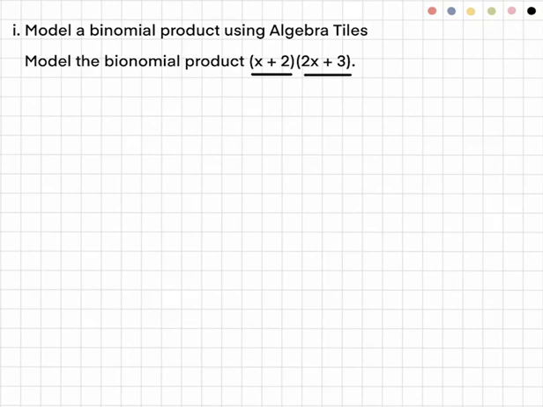The way that I like to set this up is I like to draw two lines, like this. And I'm going to take each part of this binomial and put it on one side of the rectangle that I'm forming.